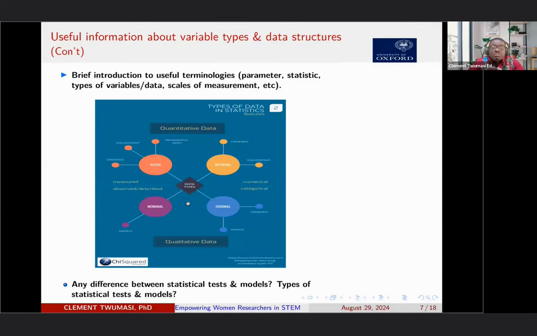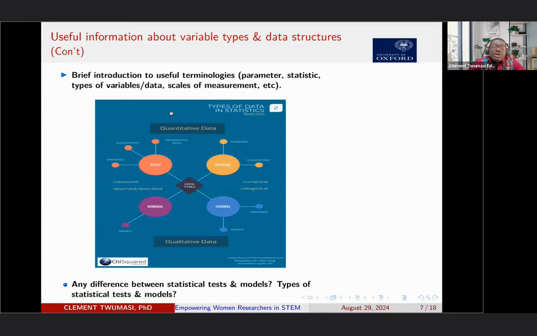So a variable could be quantitative or numeric. Another name for quantitative is numeric variable. So a variable can either be quantitative or qualitative. Quantitative means numeric, qualitative means categorical. Bear in mind that quantitative variables are basically any variable that takes on a numeric value.